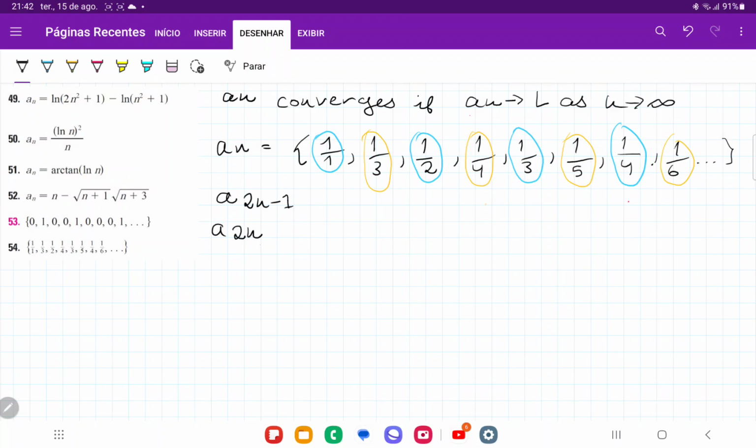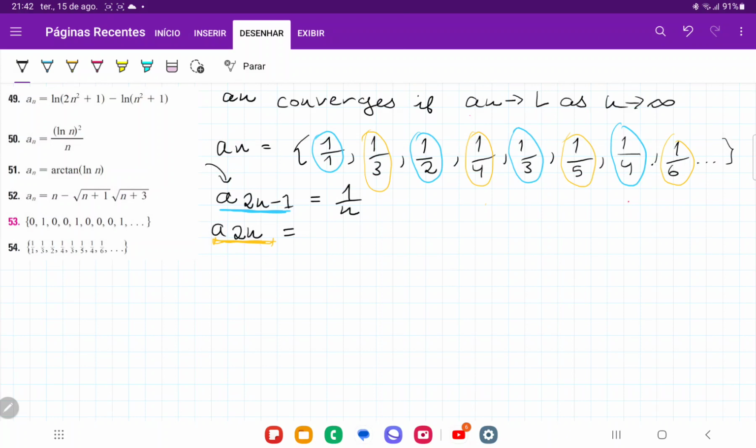So all I did here was highlight these. That's my odds and these are my evens. If we break this into two parts, a of 2n minus 1 just goes 1, 2, 3, 4, 5, and so on. So that's just 1 over n, right? As n increases, so does the denominator. If we plug in n equal to 1 for the index, this is not the value of the sequence, but the index.